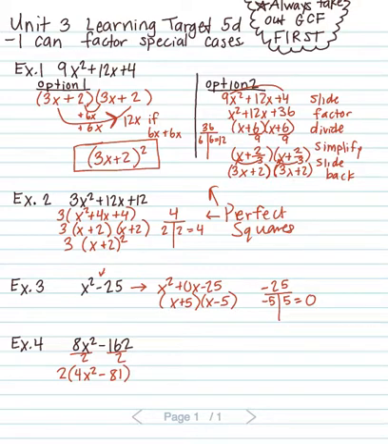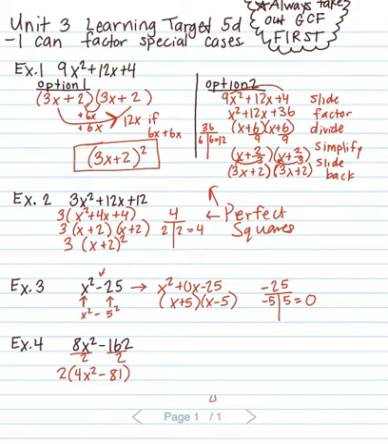What made this special? I'm seeing that these two things are something squared. We've got x squared here, and we've got 5 squared here. And it's subtraction.